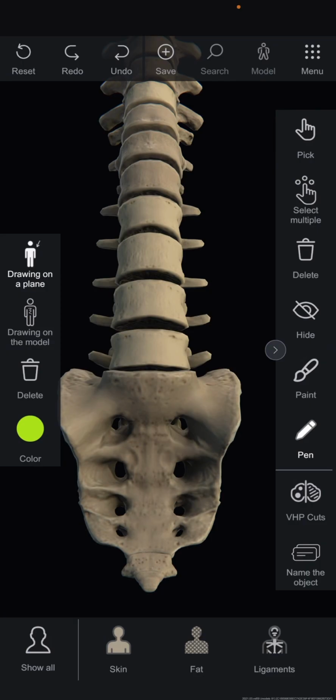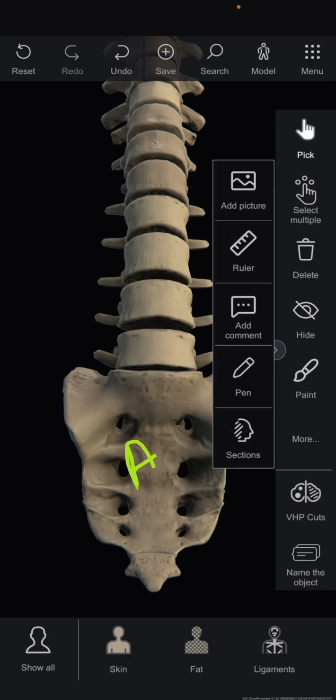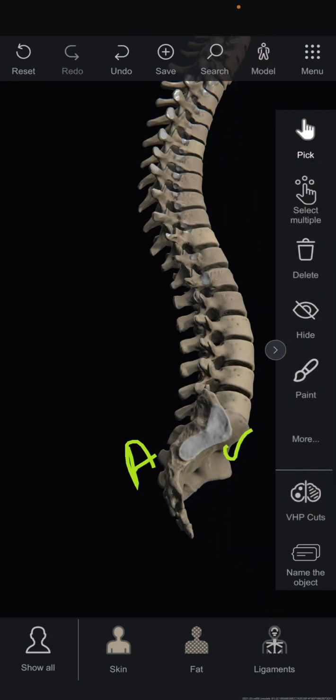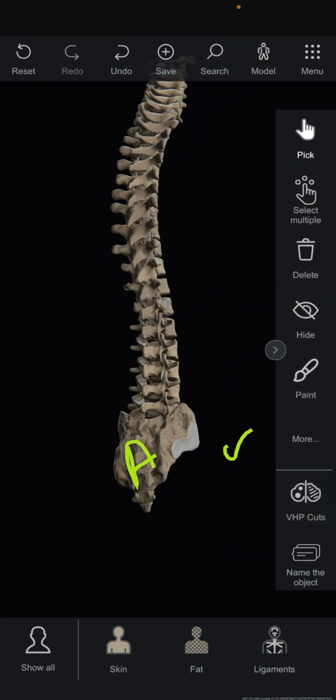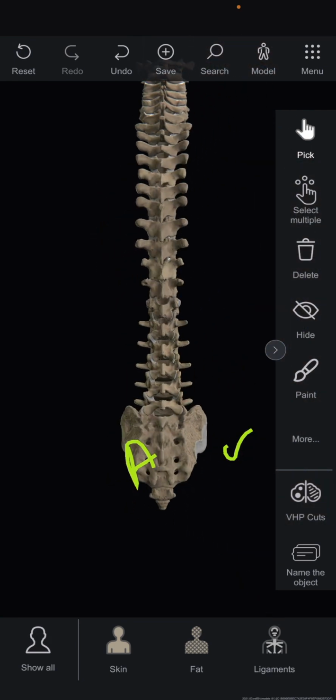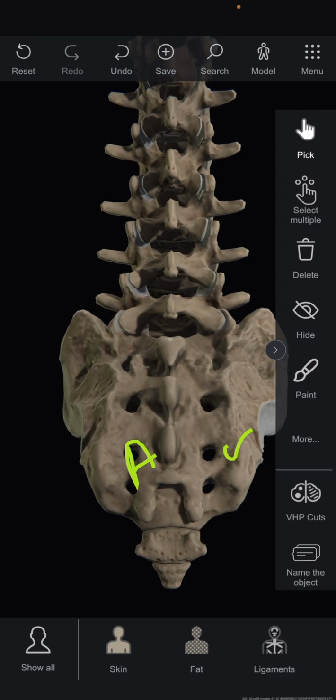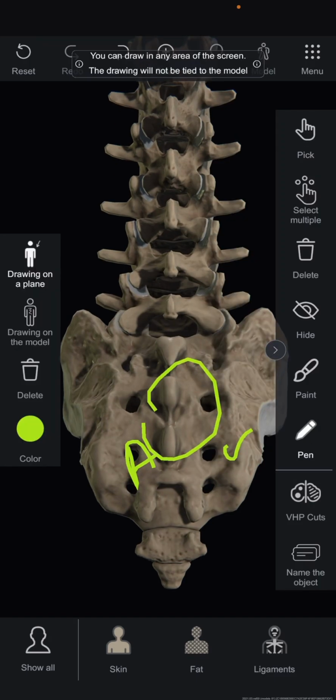If you talk about the structure, we have surfaces, you can say 2 or 3. We have the anterior view, anterior surface. This is the lateral view, or lateral surface, and from the back you can see the posterior surface.